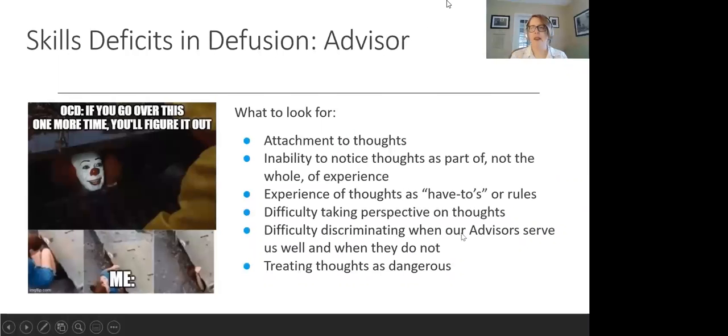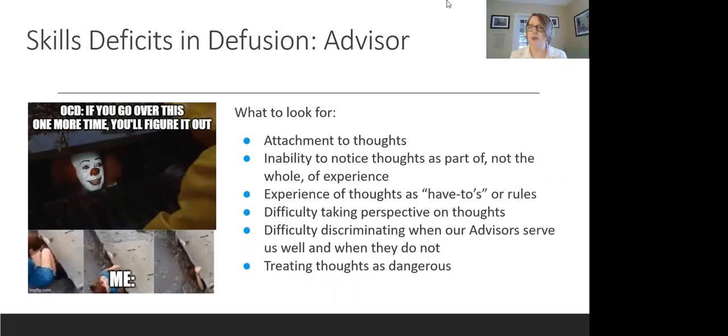And so when we think about skills deficits in our use of this functional class of behavior, we want to look for certain things. These are the kinds of things we see with cognitive rituals and rumination. That's my little meme here of the It clown. So what you want to look for is, are we overly attached to our thoughts?